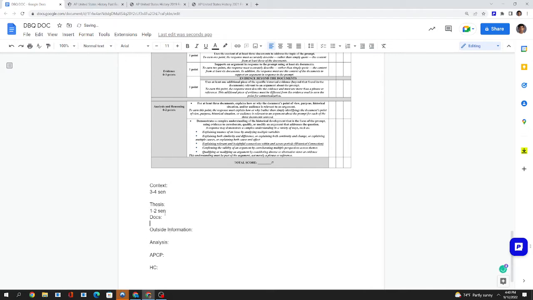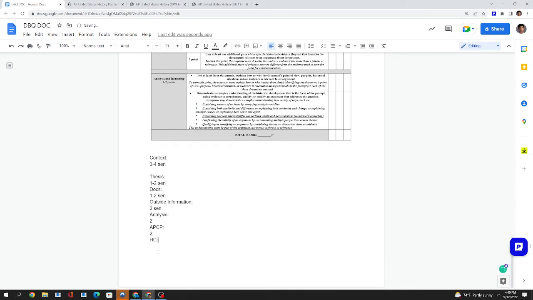Your documents, between 1 to 2 sentences, and I'll explain how you talk about your documents. Your outside information, 2 sentences typically. Your analysis, 2 sentences. Your APCP, 2 sentences. Your historical connection, I would say 4 sentences. And I will explain why for each of these as we get closer to the way you write each portion.